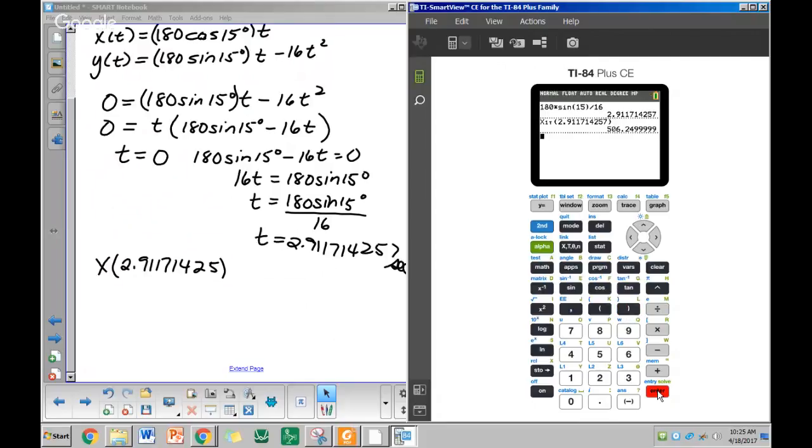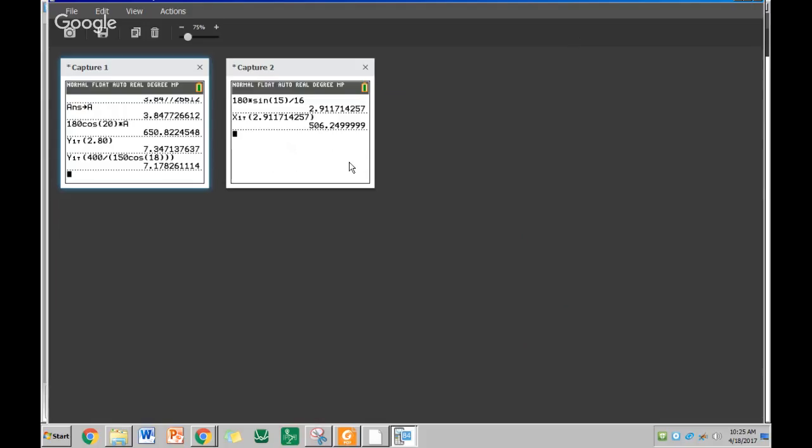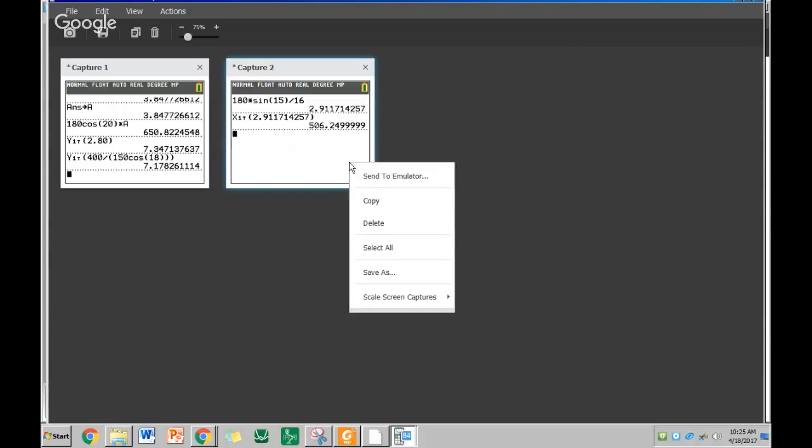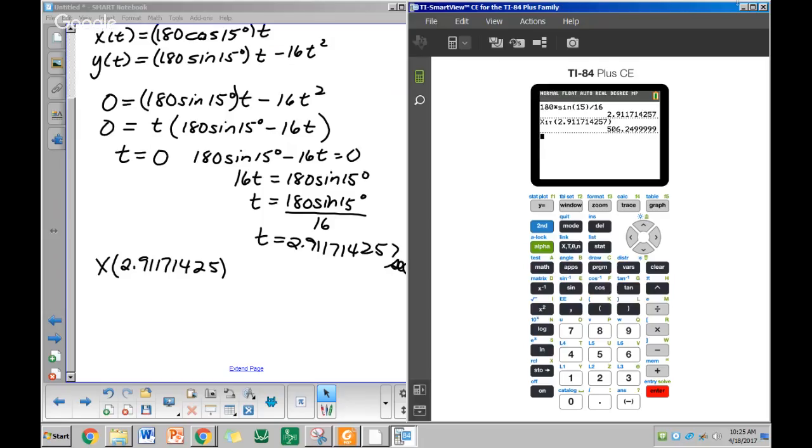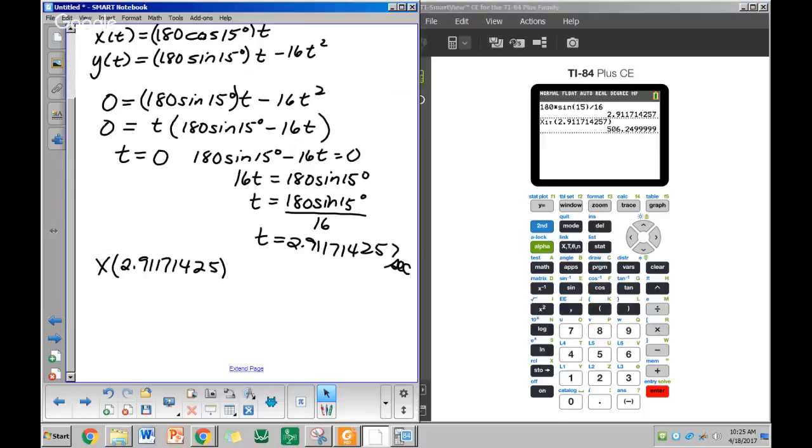And so the ball is in the air for 2.911 seconds, and it goes 500.25 feet. Seems a bit unrealistic. Well, I mean, she is hitting the ball pretty hard. Feet. That's pretty realistic. Because you can drive it 200 yards.